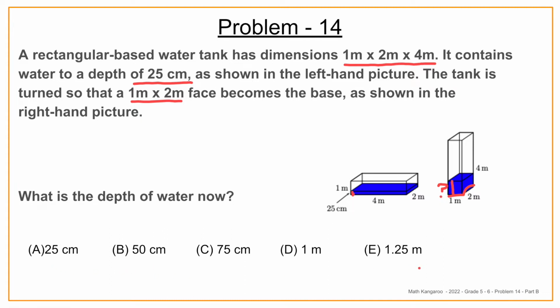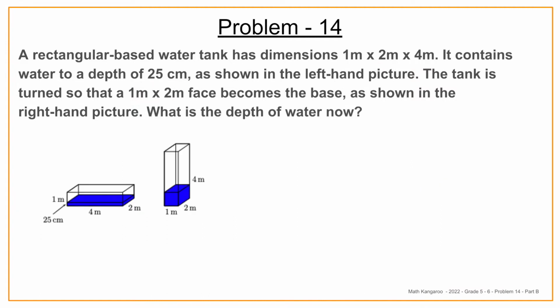These are our options. So let us figure out how much water is in the tank. Now, first thing, let us determine the volume of this water in this cuboid. Before we do that, let us look into the unit. So we have dimensions in meter, but here we have depth in centimeter.